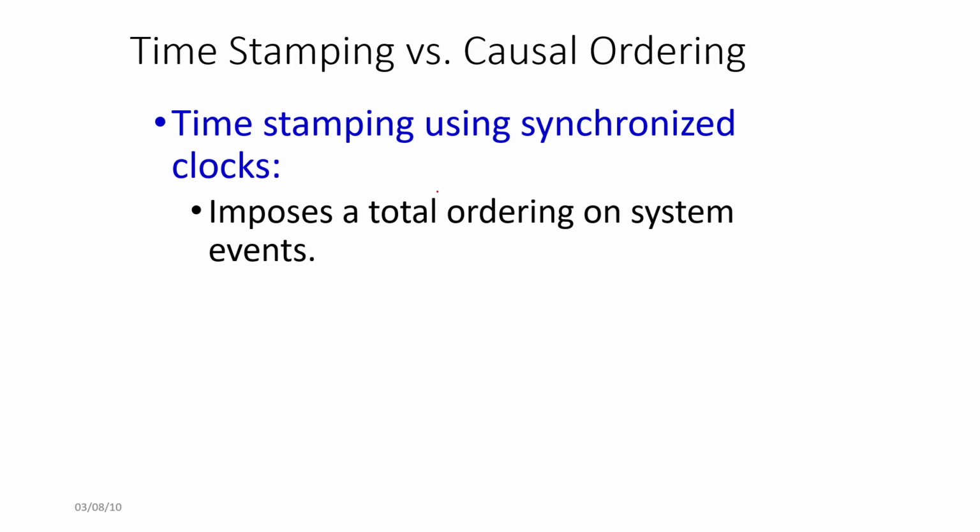So if I talk about time stamping, we have discussed this a few slides ago as well. The key idea was that we want to take messages and stamp them with a time, so the entire system will know when the message was generated.